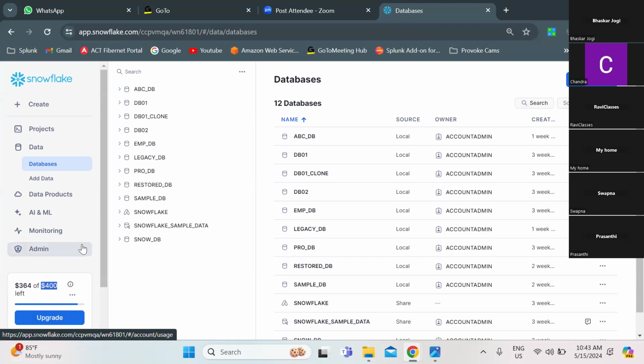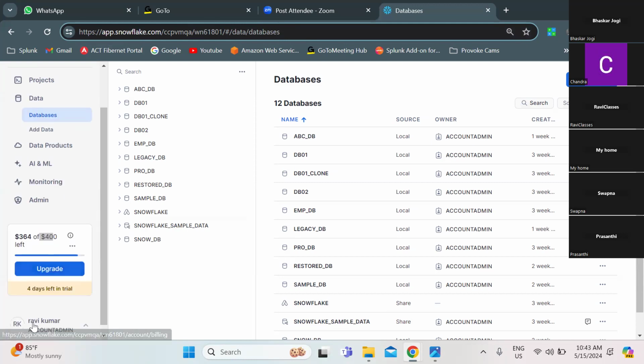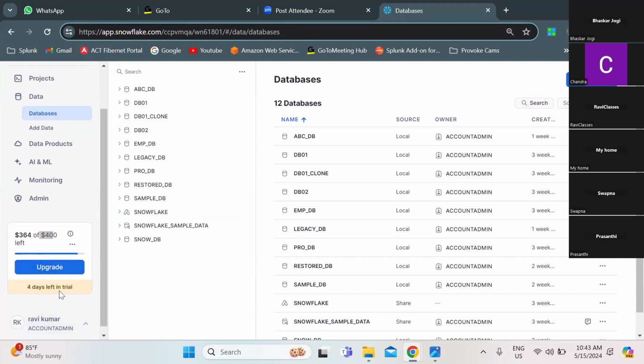So you can use the same mail or other mails also. If you use another mail, a new account will be there, with new credits and a new amount of usage. But if you use the same mail, for example, right now I use a mail called Raviclasses1@gmail.com for this account creation, and within 4 days this account's trial period will be completed.